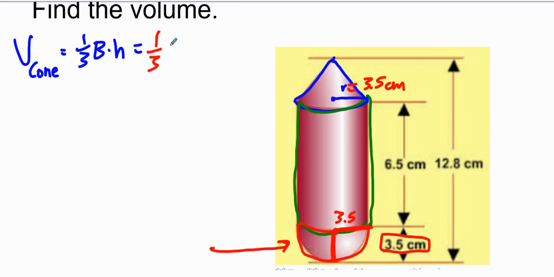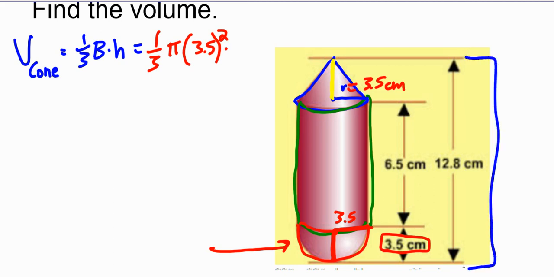So area of the base is pi r squared, pi times 3.5 squared, times the height of this cone. Well, we don't have that either right now, but this is the height. We know that this full distance is 12.8. We know part of it is 6.5 and part of it is 3.5. So we just subtract those out. 12.8 minus 6.5 minus 3.5 means that this part up here has to be 2.8 centimeters.